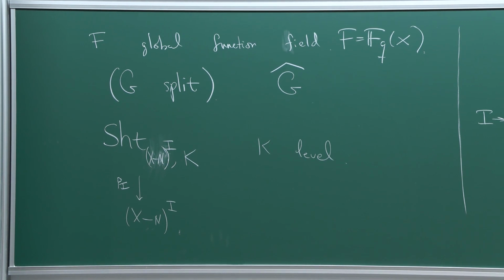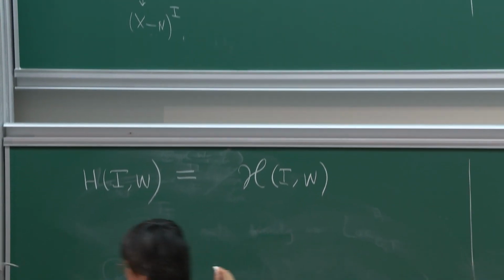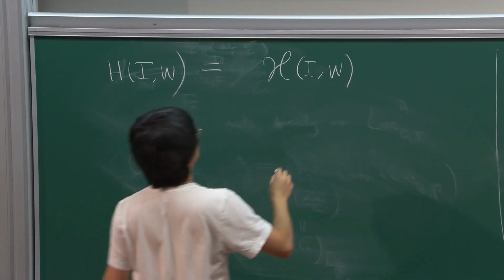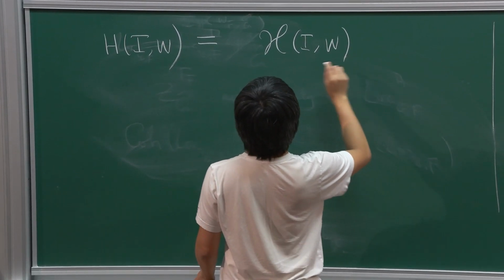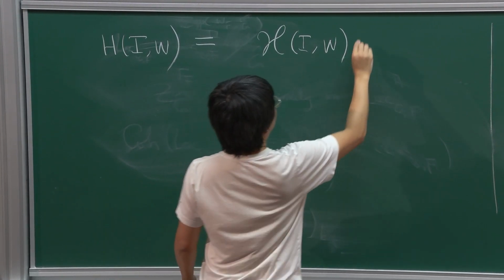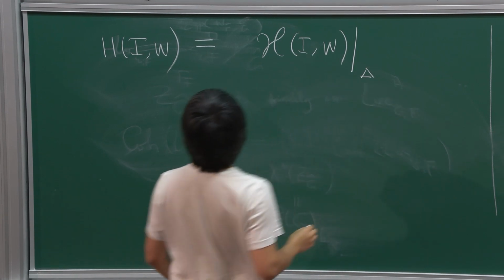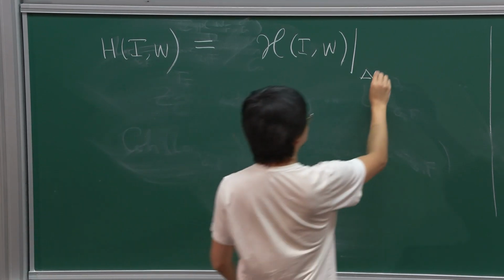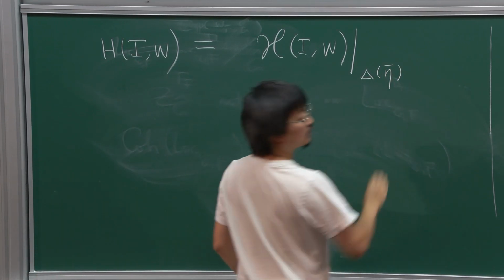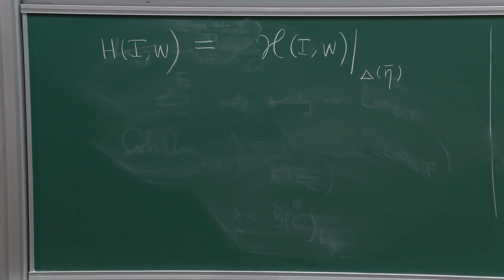Define some sheaf here. And I take, actually, for my purpose, I need to take the restricted stalk over the generic component of the diagonal.